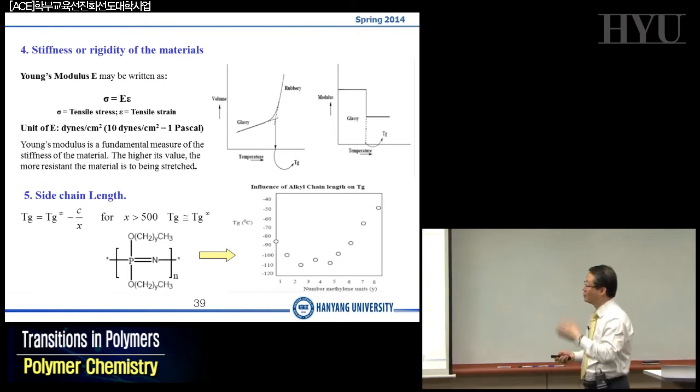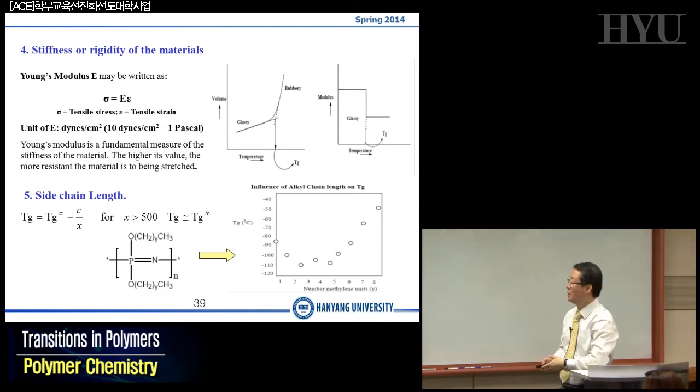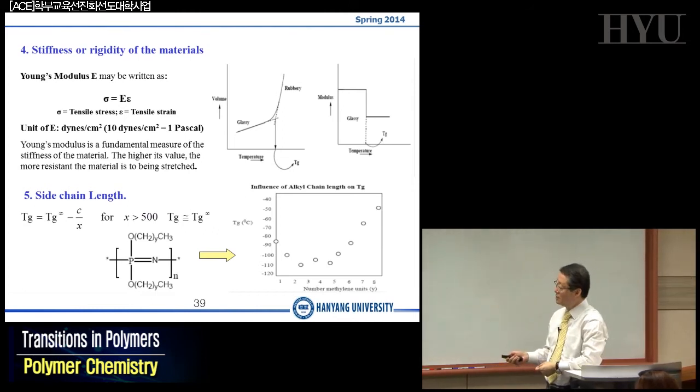Okay? So Tg depends upon the side chain length as well. And he described that the Tg for a given length of the side chain can be described as the Tg of the infinite molecular weight and infinite side chain minus a term with the chain length of this material. X could be chain length, I guess.